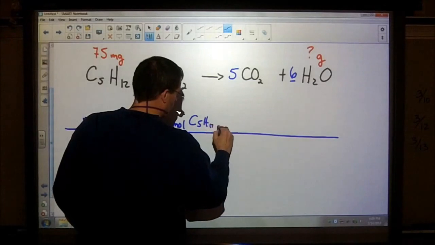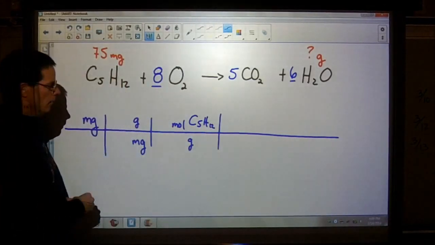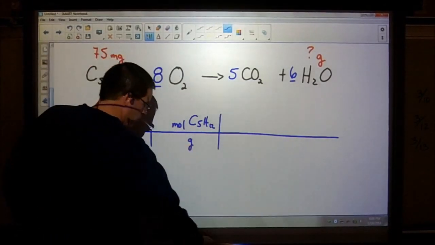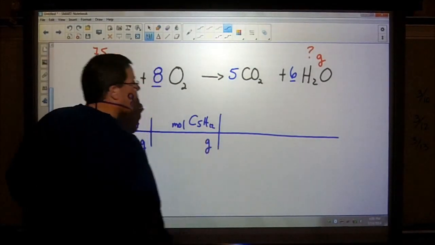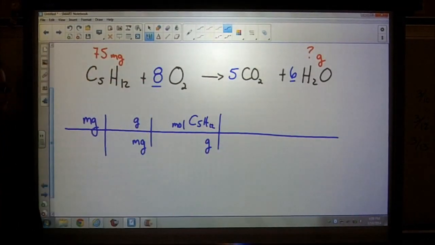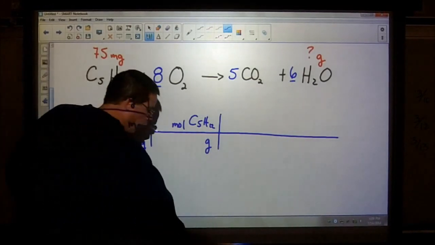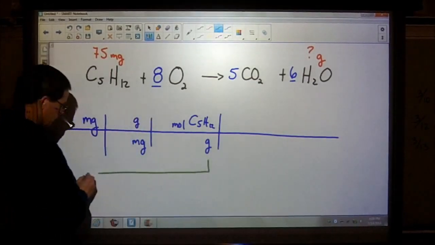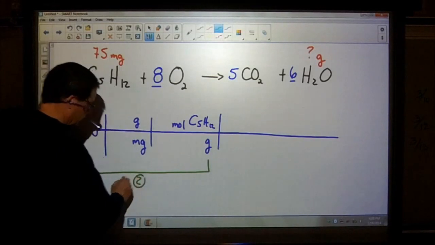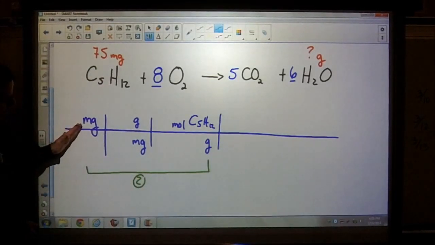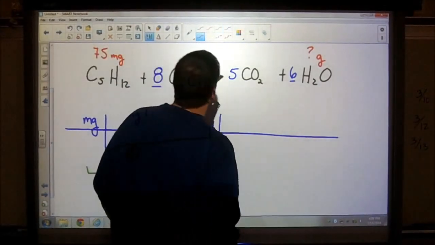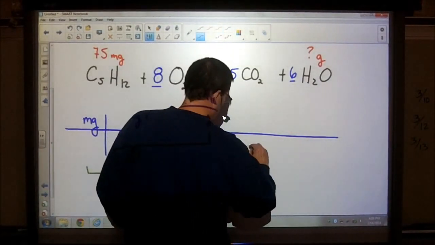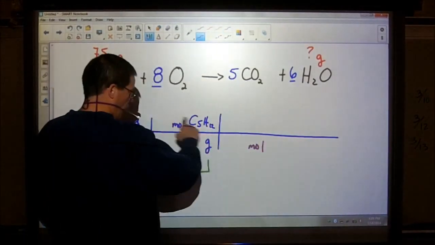All right, let me move that gram over a bit. And so at this point here, that's all step 2. So step 2 is to change what was given into moles. We're going to get rid of the moles of our pentane.